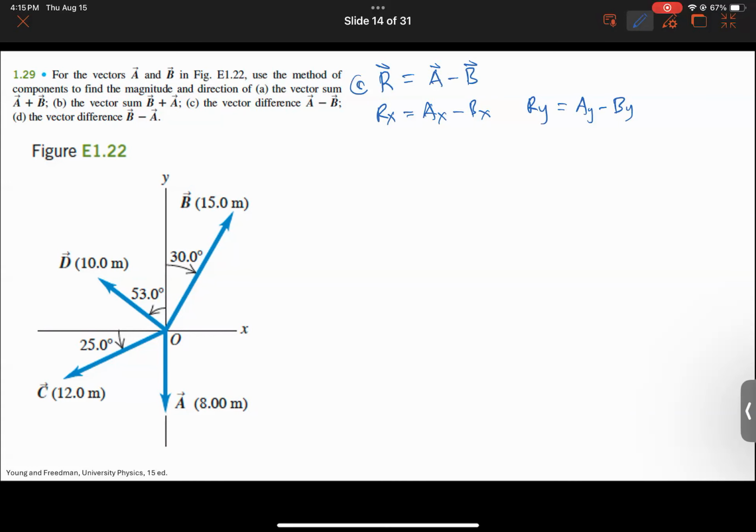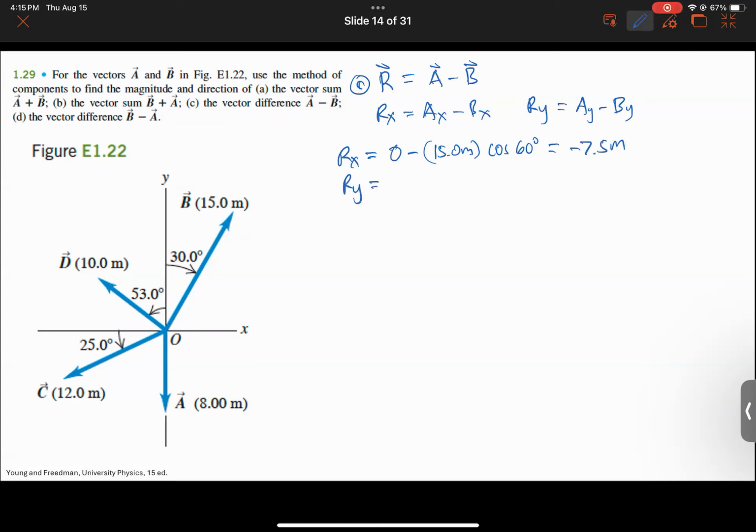So letter C na tayo, no? So sa letter C, if you could solve for the x component, Rx, A minus B. So Ax has no component along the x-axis, 0. And Bx is 15 meters times cosine ng 60 degrees. So this gives us negative 7.5 meters.